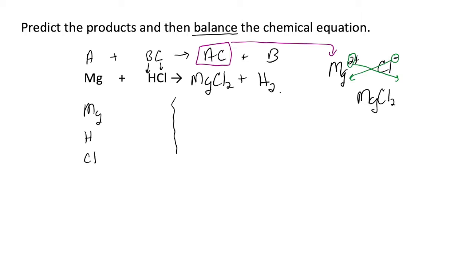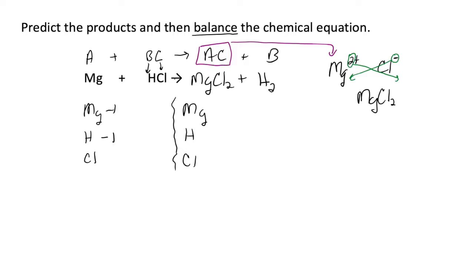We're going to do the same thing for the products, and I'm going to match up my tally on my product side to that on my reactant side just to make it a little easier when I'm counting atoms. My initial count, I have 1 magnesium on my reactants.